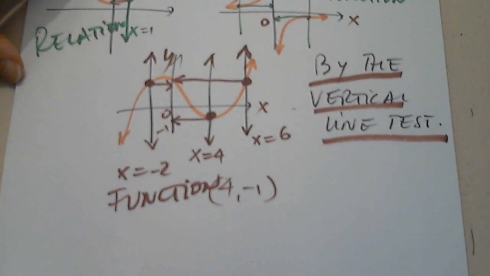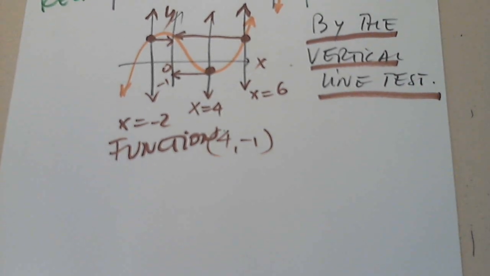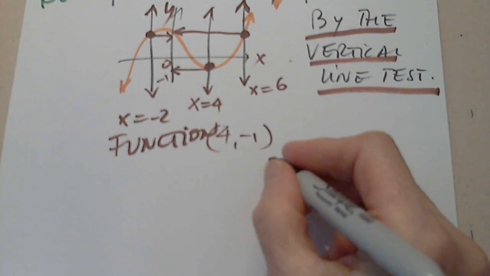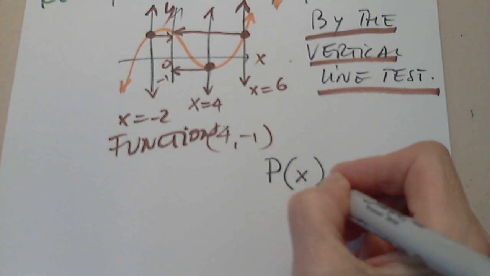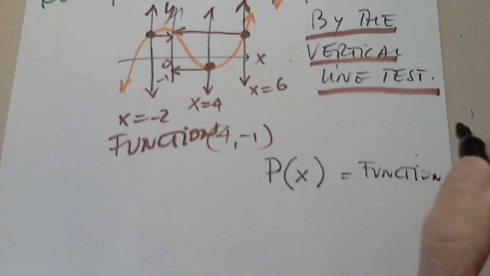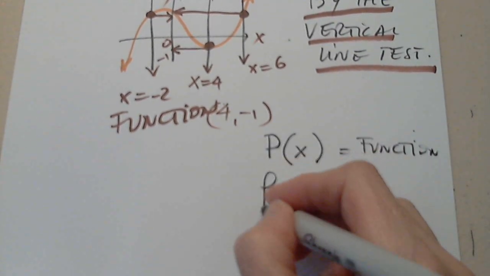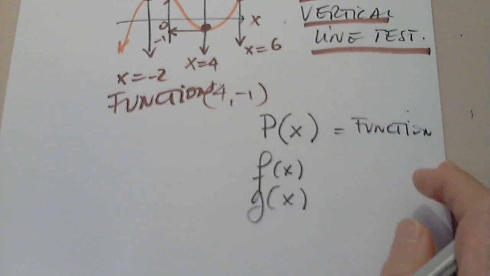Good. So now about the notation. We discussed the notation when we talked about polynomials. If you remember, I said p of x. That's a function. What we like is f of x, g of x, but it doesn't matter.